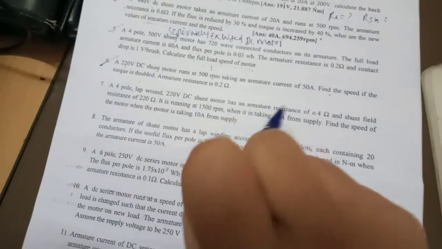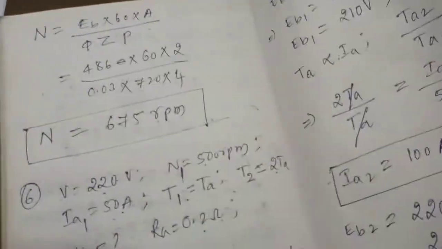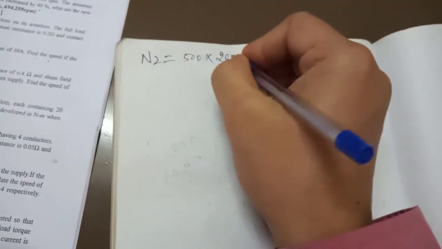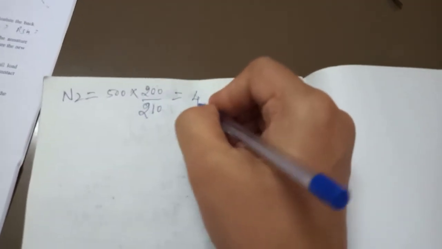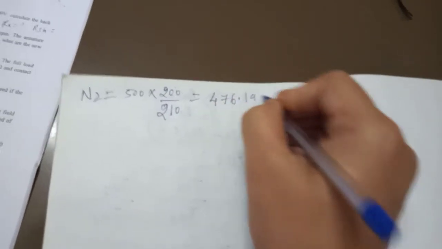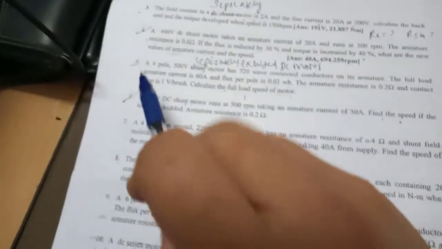So the new value of speed if the torque is doubled is N2 equal to 500 into 200 divided by 210, which is 476.19 RPM. This is the solution for problem number 6.